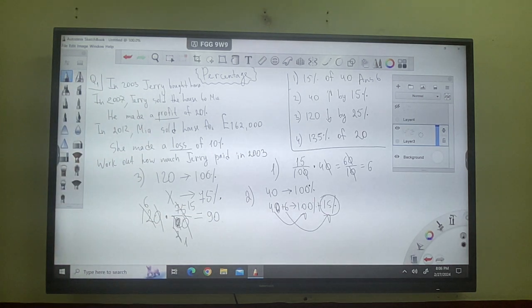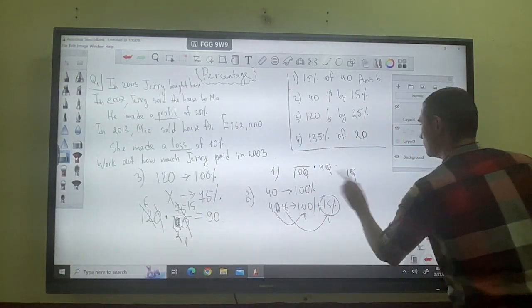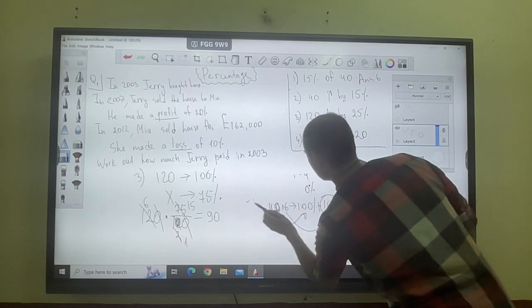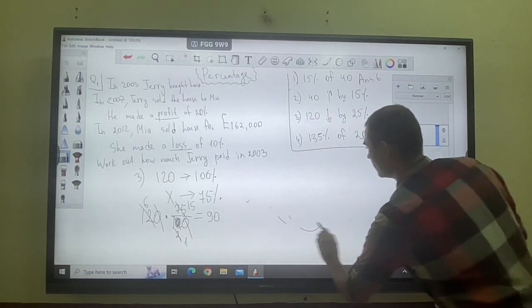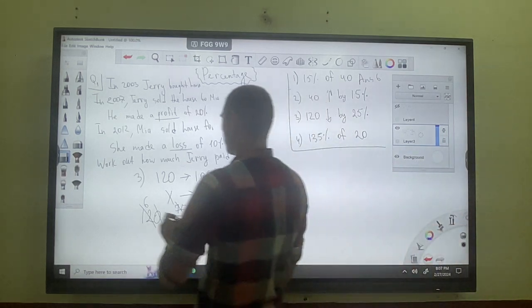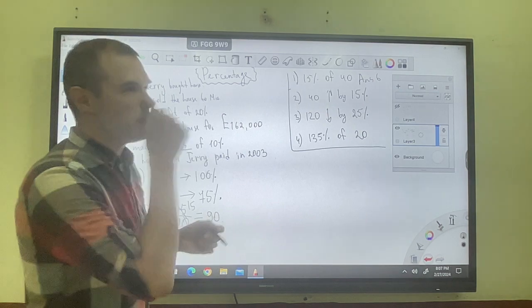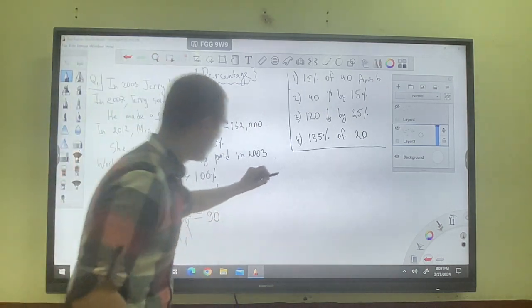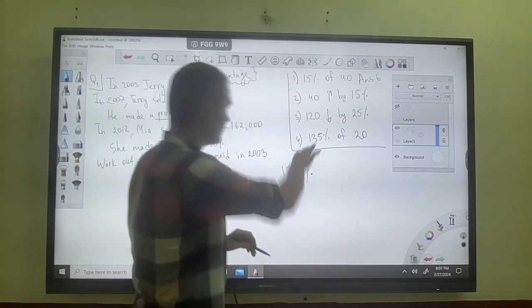Great. And the last one, let me quickly erase questions 1 and 2, and then I will proceed. We need to find 135% of 20. Let me show a different way to solve this. 135% of the number 20.